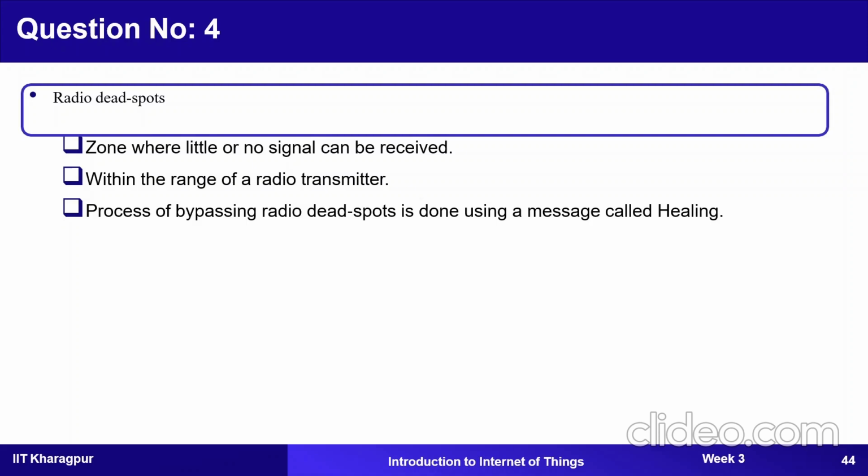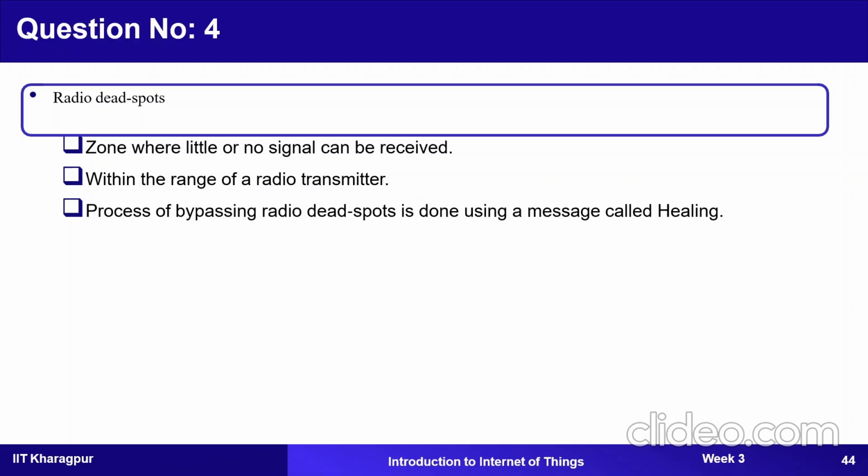These zones are within the range of the transmitter, however due to some reasons there is no signal at those places. If we want to transmit a message between two devices and there is a dead spot in between, how is it possible to bypass it?